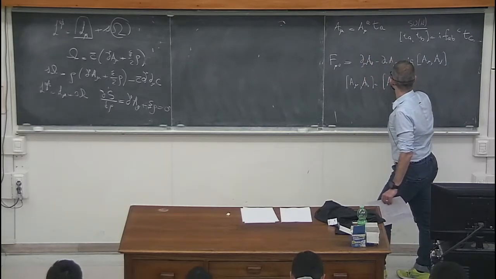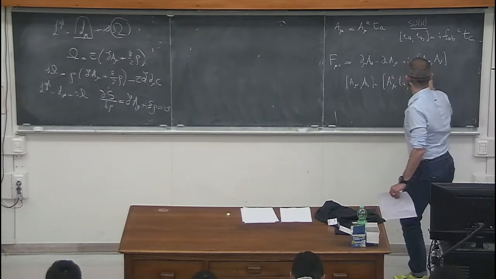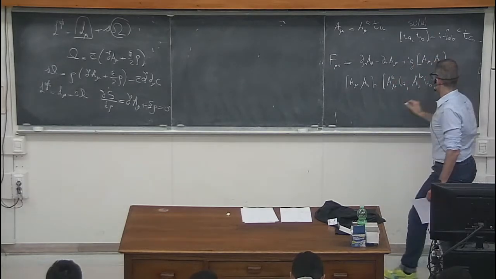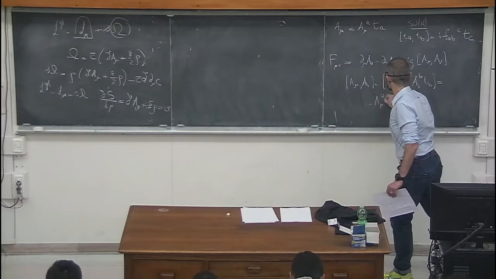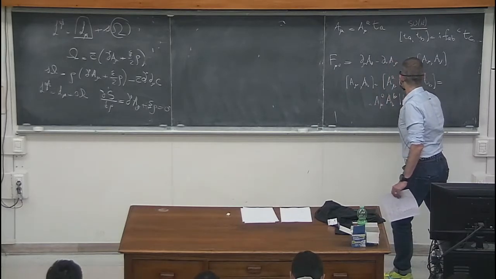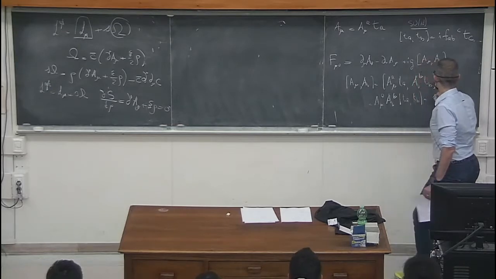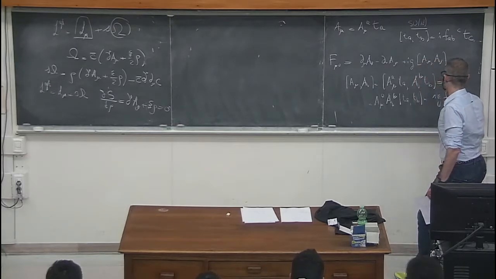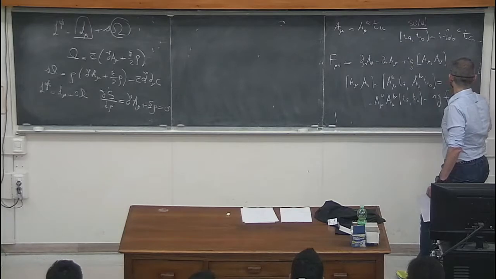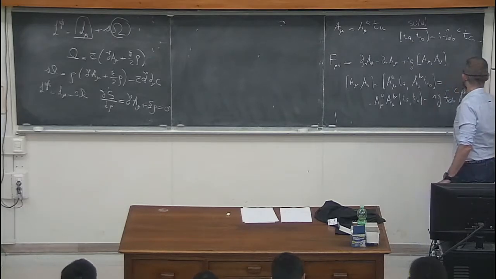A_μ is equal to A_μ^A T^A, A_ν^B T^B. That gives you A_μ^A A_ν^B, and then I have [T^A, T^B], and this gives you (i/g) f^{ABC} A_μ^A A_ν^B T^C.